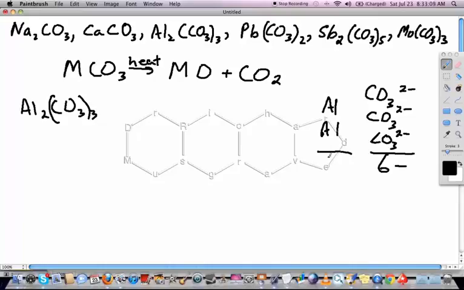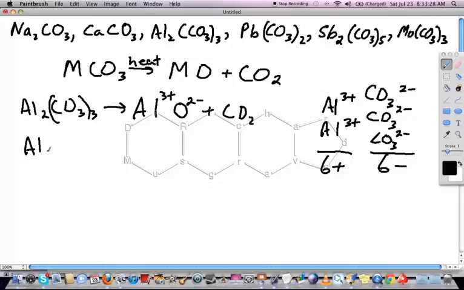This means this has to be +6, which makes each of these 3 plus. So we know we're going to get Al and O plus CO2. O is 2 negative, aluminum is 3 plus.